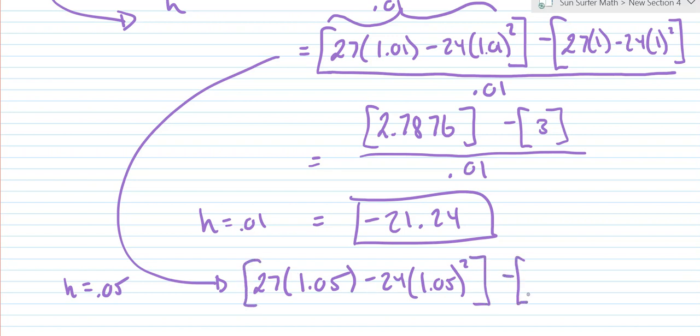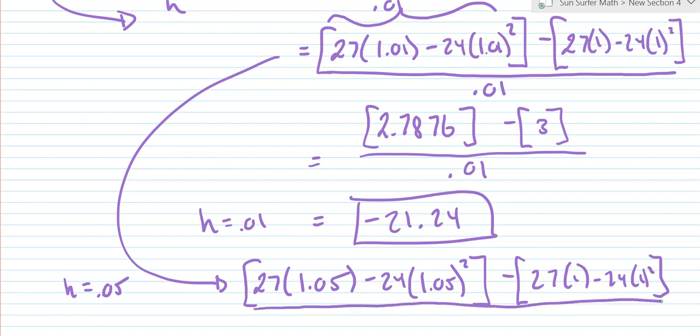Minus, and this part doesn't change, the 27 times 1 minus 24 times 1 squared. This part will never change. And then it's all being divided by 0.05 now. Now we can do this hard part here going back to Desmos and using the slider.